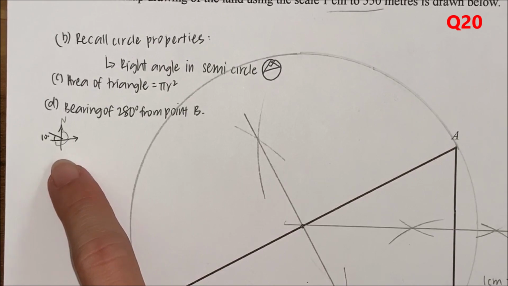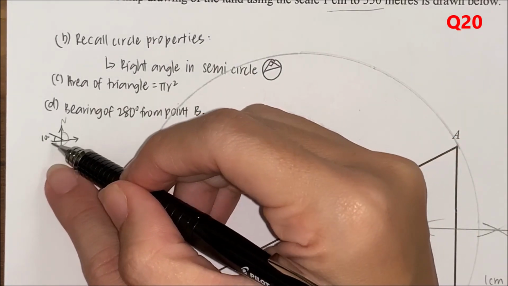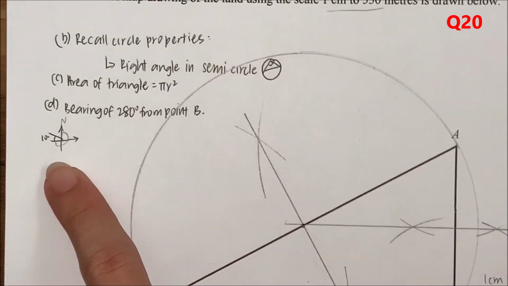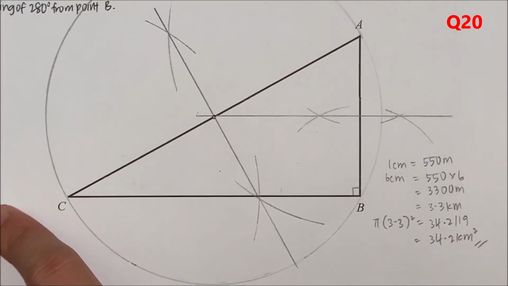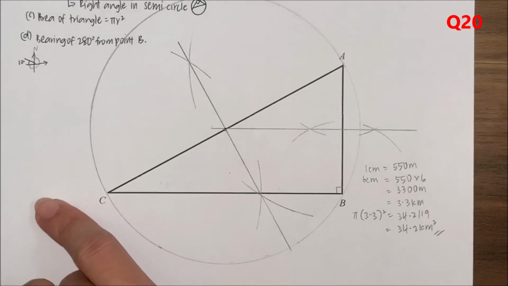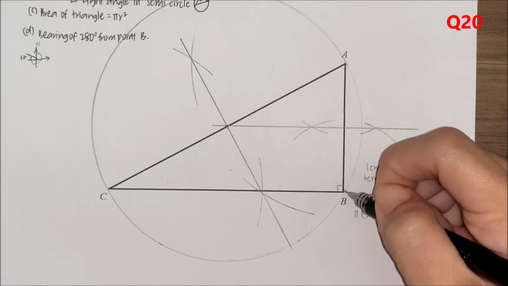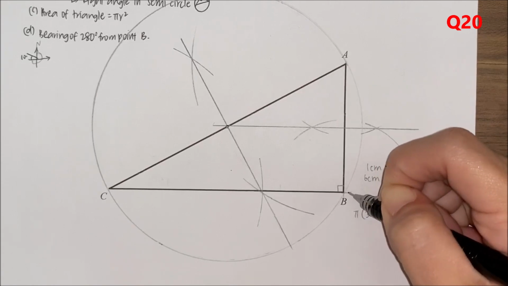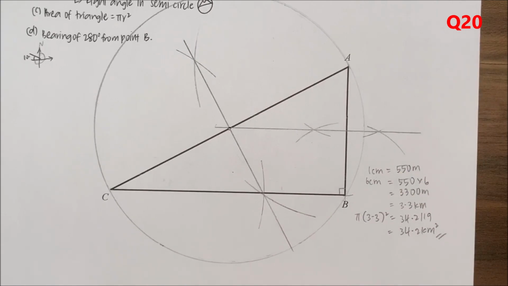So you know something like that, right? So this part here, 90 degrees, 180 degrees, 270. So I need another 10 more degrees to make my bearing 280 degrees. So if you look at your circle that you have drawn, this is point B. If you just visualize that axis, 90, 180, 270, I need another 10 more degrees.